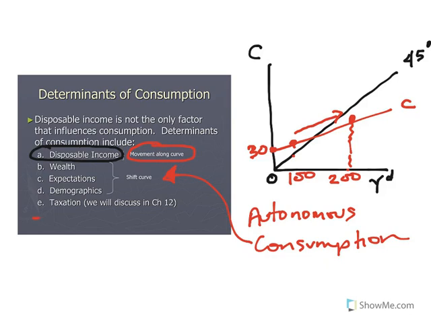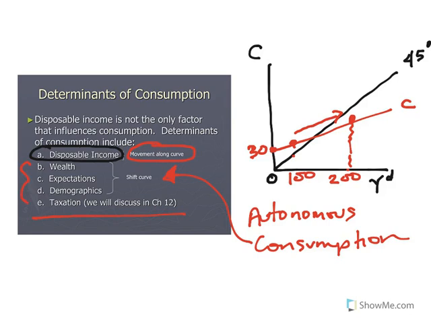Now, you'll also notice that I have taxes listed. We're not going to spend too much time talking about taxes because we're going to discuss taxes extensively when we get into our chapter on fiscal policy. Taxes will also affect your autonomous consumption, but what I want to focus on is these other determinants of consumption.